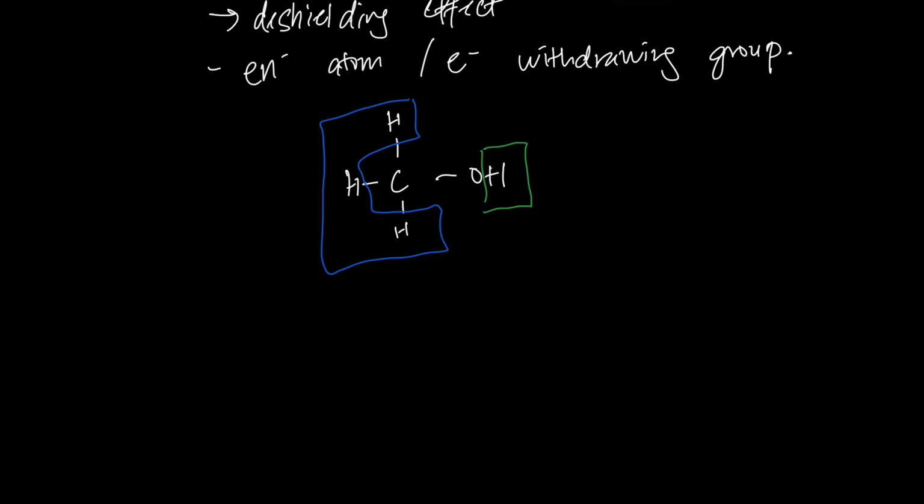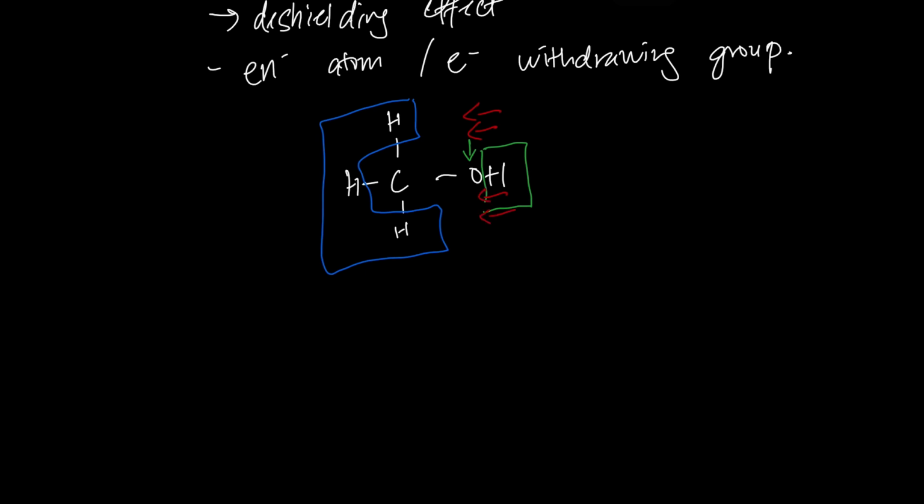This alcohol OH group, this proton is just next to this electronegative oxygen. Oxygen is an electronegative atom, so it will cause a de-shielding effect. An electronegative atom will attract the electron cloud towards itself.